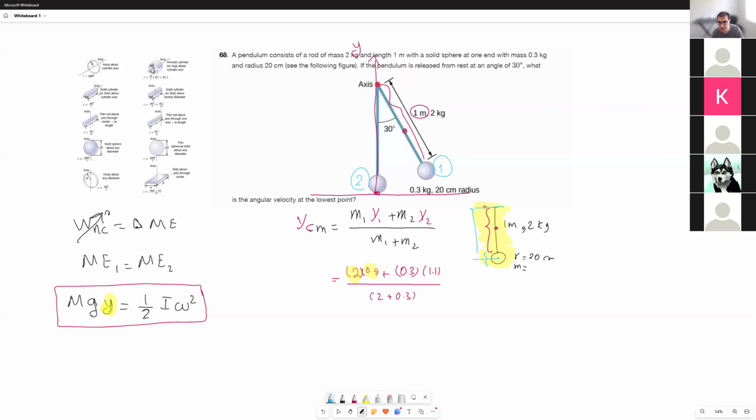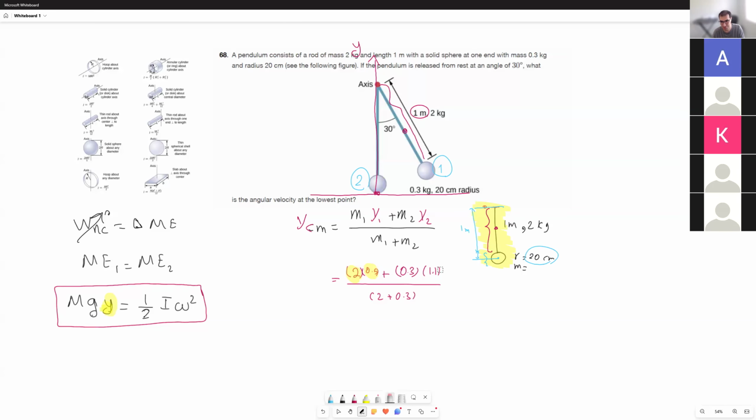From here to here is 1 meter. From here to here is going to be the radius of the sphere. Radius of the sphere is how much? 20 centimeters. So mass of the second object multiplied by 1.2.